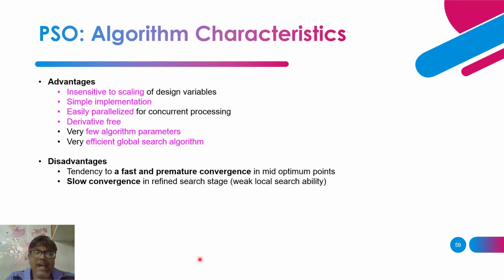It is derivative free, has very few algorithm parameters, and has a very efficient global search algorithm. And the drawbacks: there is a tendency toward fast and premature convergence at mid optimization points, and convergence is slow in refined search stages. These are the drawbacks of PSO.